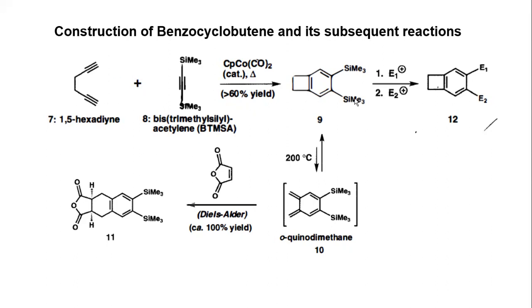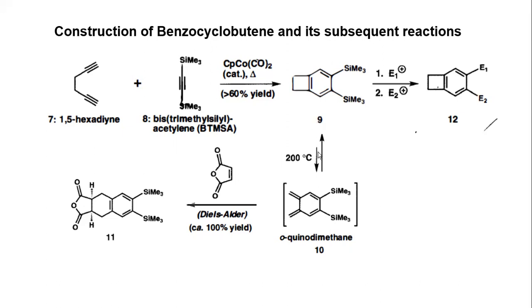As a result, we get this type of benzocyclobutene product with 60% yield, and further elimination of these methyl silyl ethers leads to the product 12.